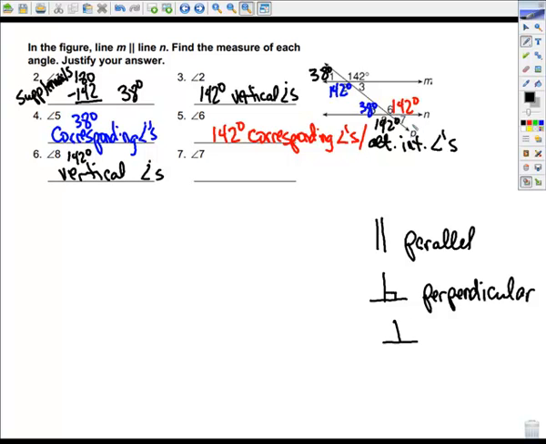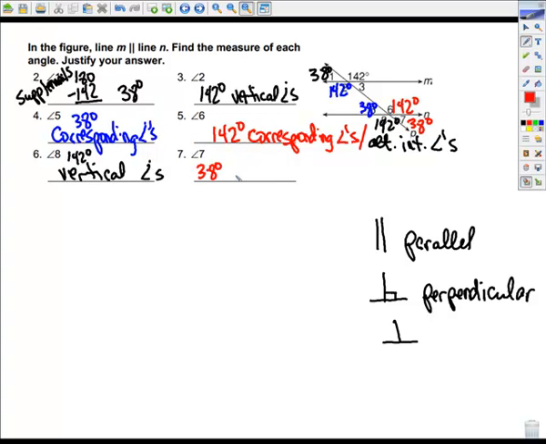And then finally, I've got a big old mess here, but angle 7 and angle 5, I've covered it up. These two angles are vertical. I could use that, but let me go ahead and think outside the box a little bit. I'm going to use angle 1 and angle 7, so I still know that it's 38 degrees.